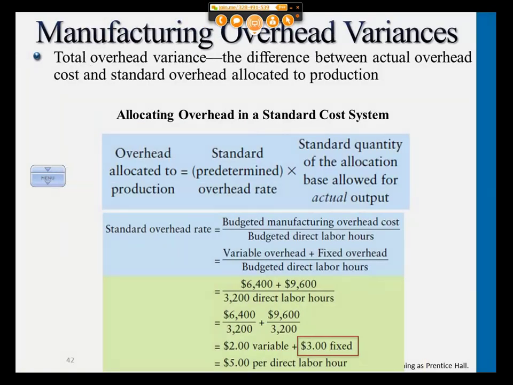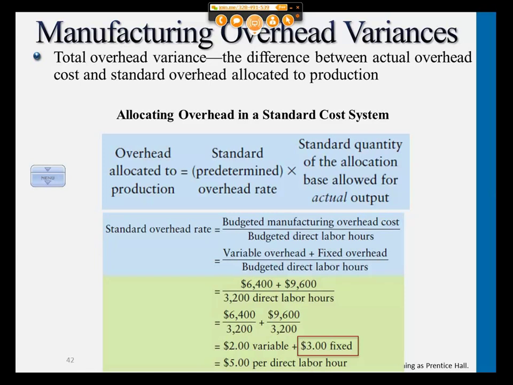All right, manufacturing overhead variances. How do we calculate? Just a second, missing slide. Okay, so in this section, let's look at the term manufacturing overhead and how we work with this.